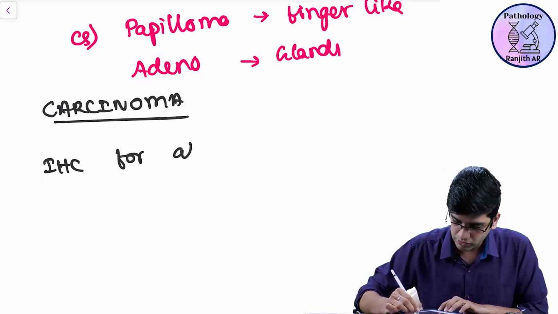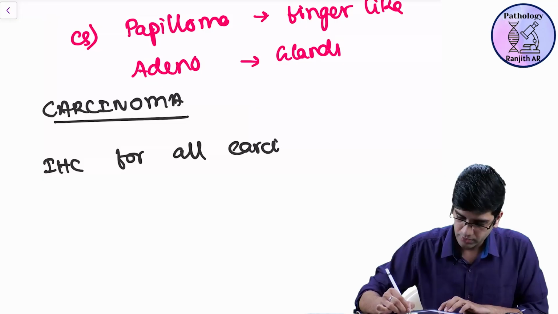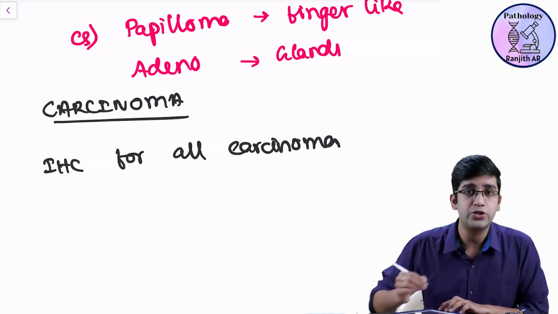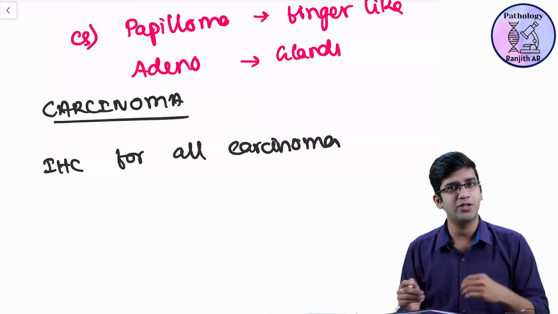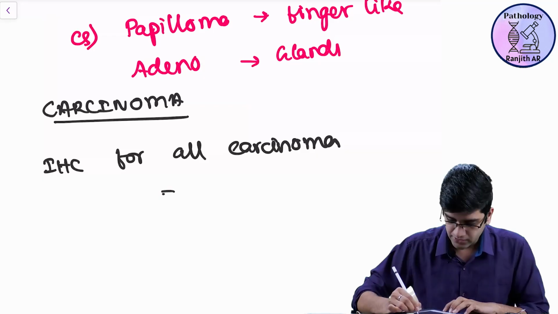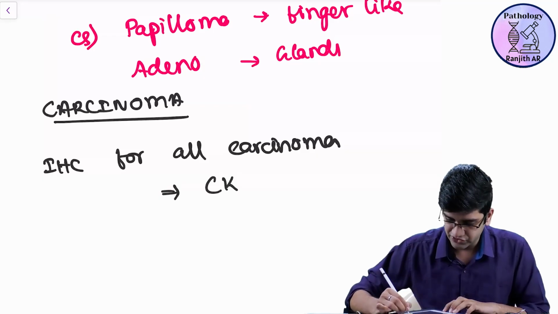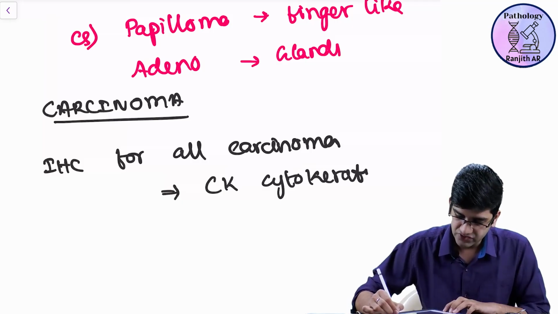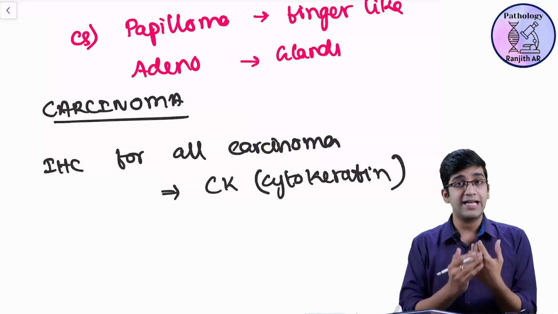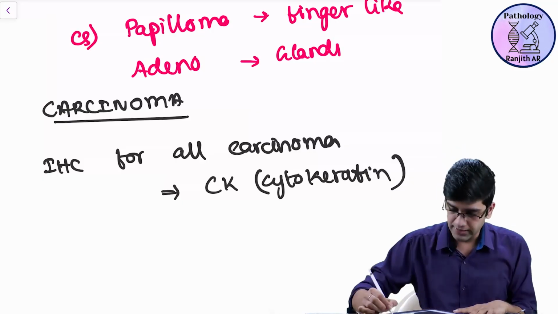For all carcinomas, IHC is immunohistochemistry. We'll read a lot about them in future. Don't worry, it's not a new term. You'll get used to it like anything. For all carcinomas, I'm going to say something called CK or cytokeratin. CK or cytokeratin is the IHC for all carcinomas, right?